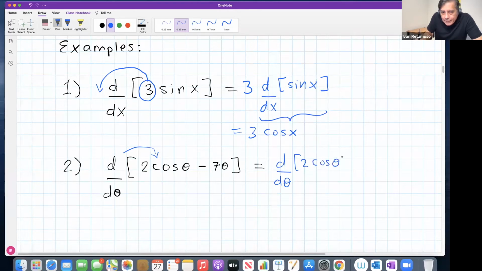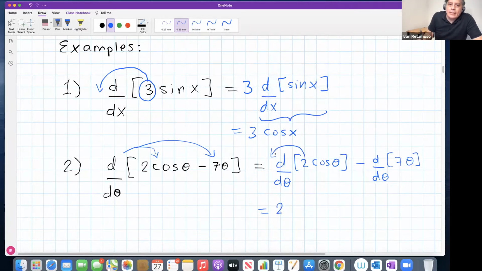So minus here, and then I have to take the derivative with respect to theta of 7 multiplied by theta. Now, 2 is a constant, a real number. I can take it outside of the derivative, and I focus on getting the derivative of cosine of theta with respect to theta. Minus 7 is a constant, it comes out, and then the derivative of the identity function theta with respect to theta.